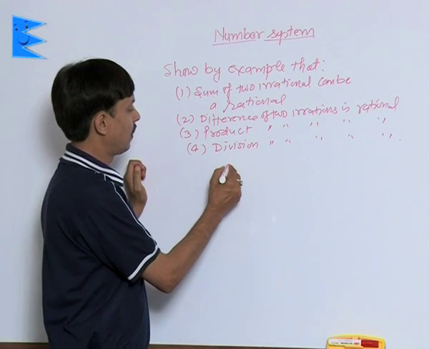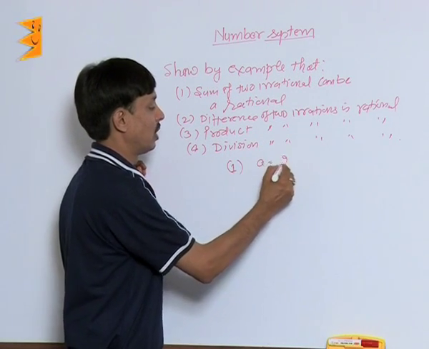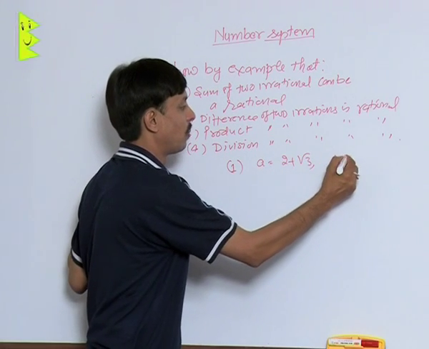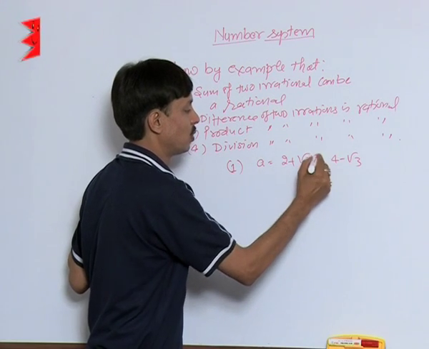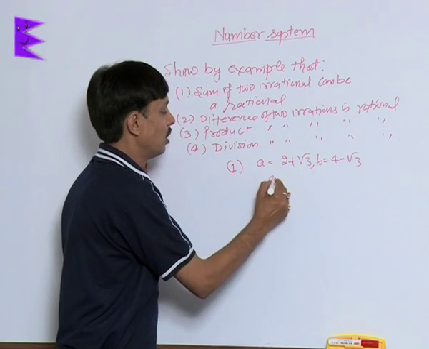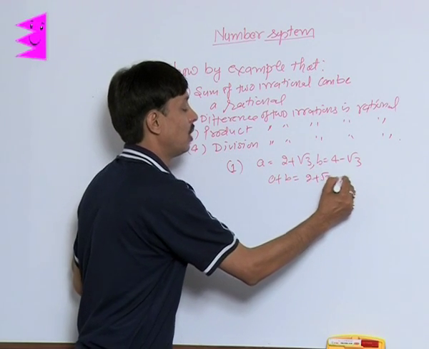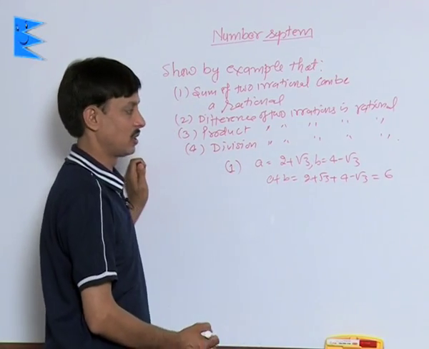If I take first, one of the numbers as a equals 2 plus root 3, another, suppose b equals 4 minus root 3. So a plus b is equal to 2 plus root 3 plus 4 minus root 3, that becomes what? 6.